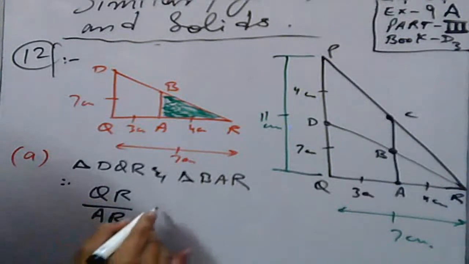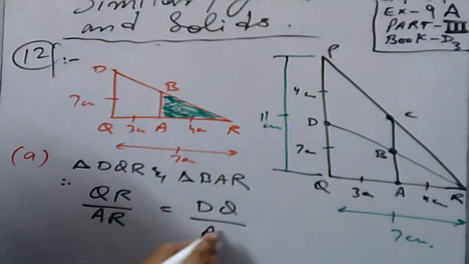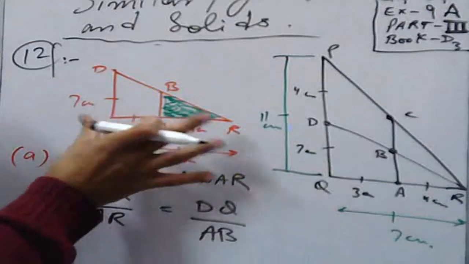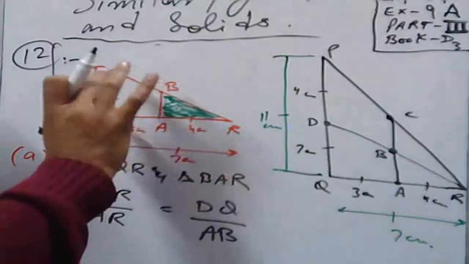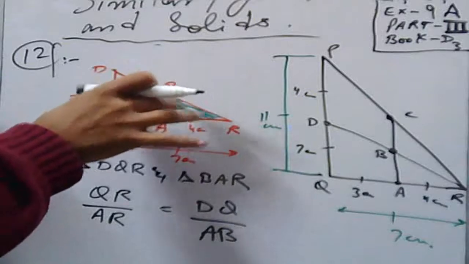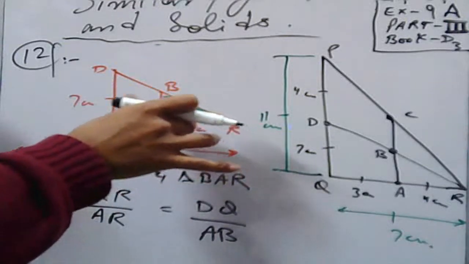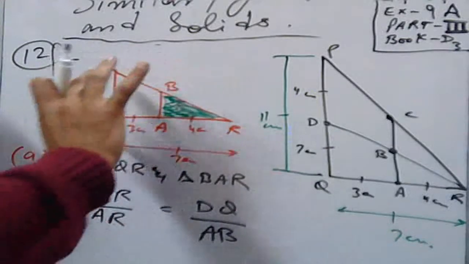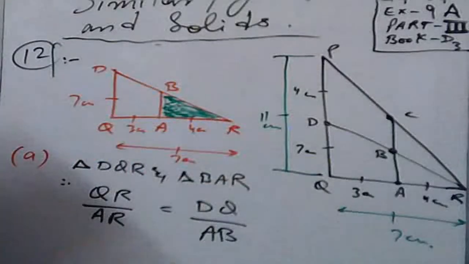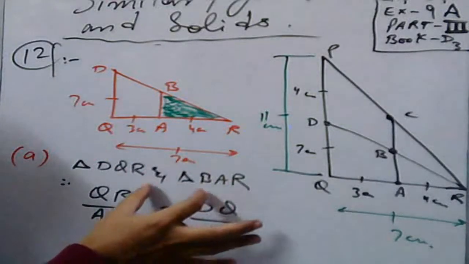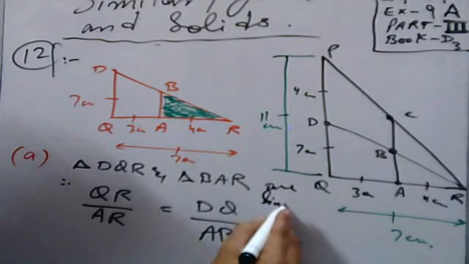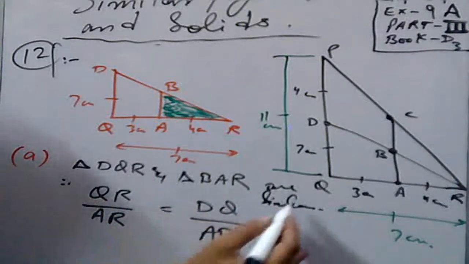Therefore QR divided by AR is equal to DQ divided by AB, because both the triangles are similar triangles.